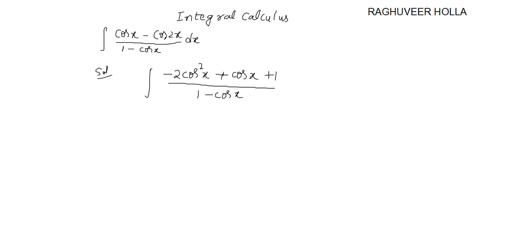So what I have done is cos 2x I have substituted as 2 cos square x minus 1. When I simplify this, I get this.